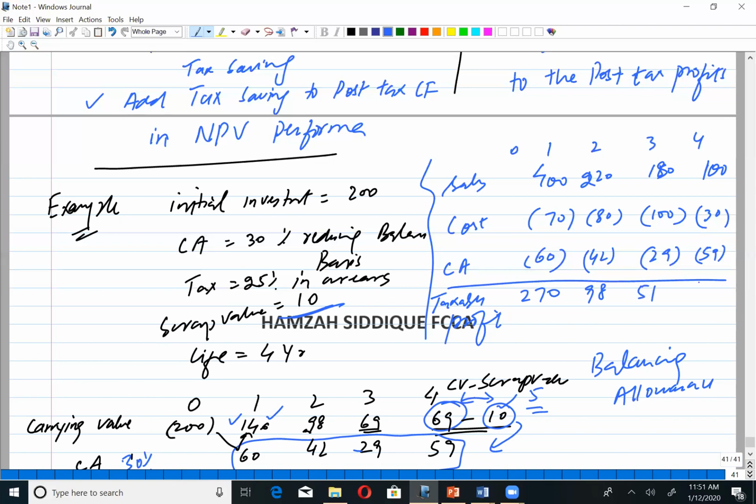And here it is 100 minus 30 minus 59, 11.